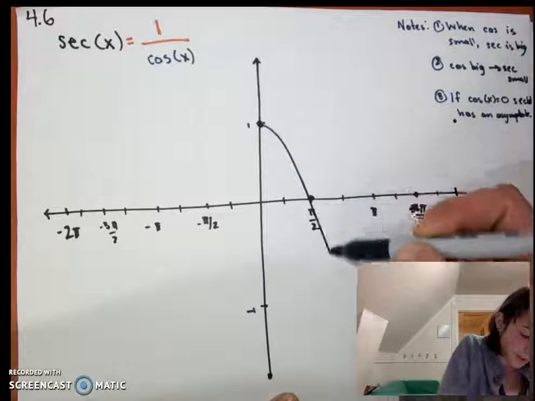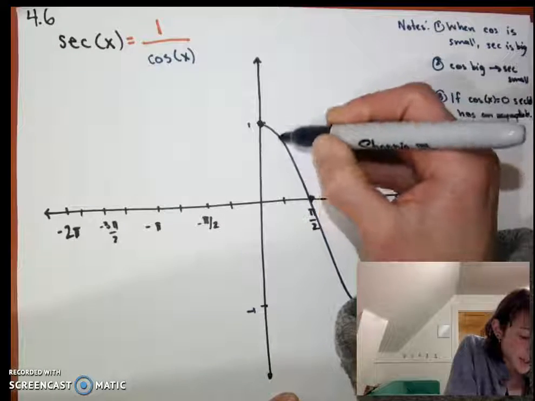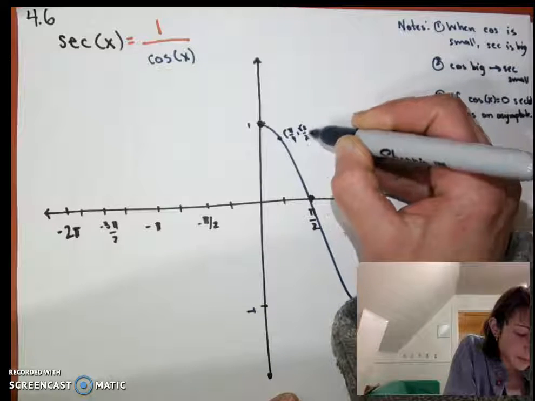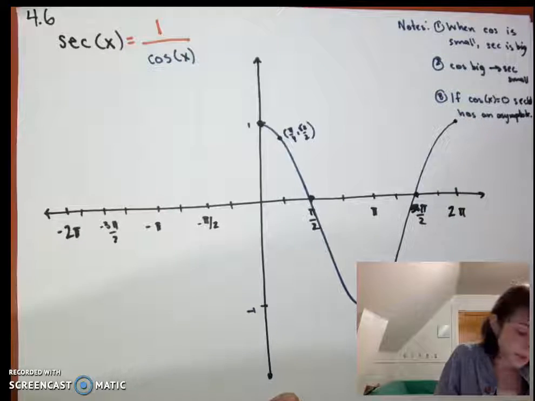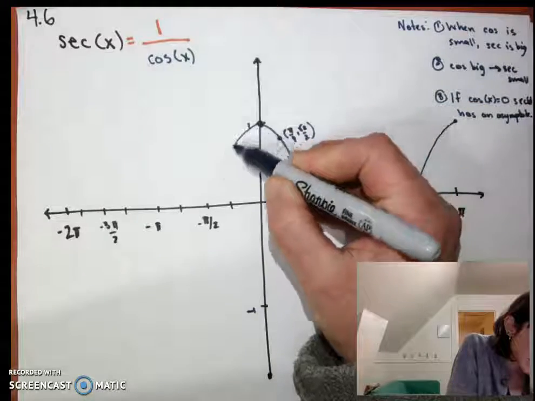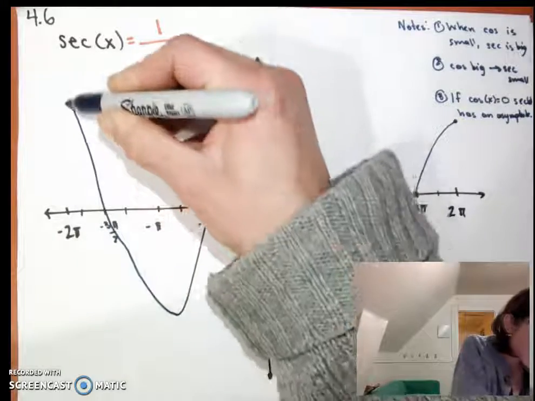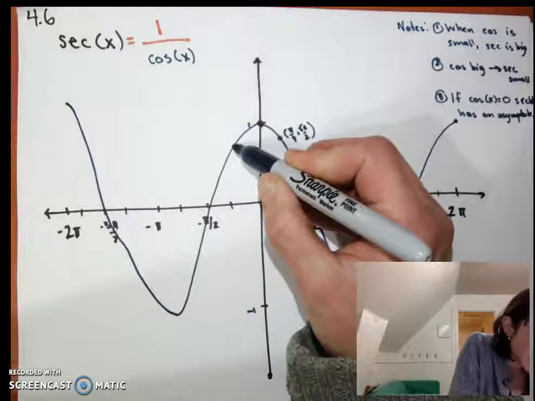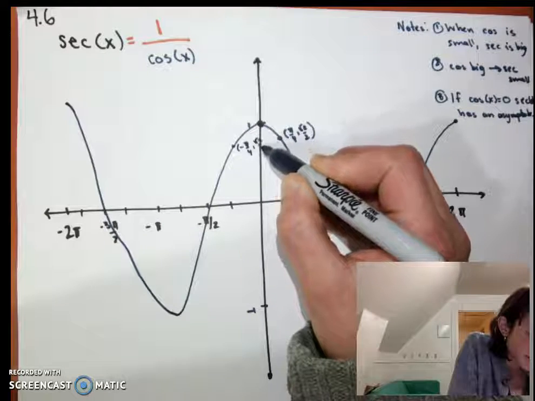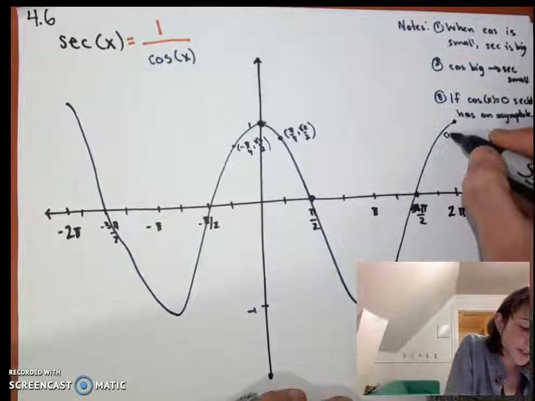So here's what a single cycle looks like. Some points on this, well, we have pi over 4, comma, root 2 over 2, because cosine of pi over 4 is root 2 over 2. We could go to the other side, and we get symmetry. So we would also have at negative pi over 4, the value of cosine is also root 2 over 2. Okay, so this one is the graph of cosine of x.